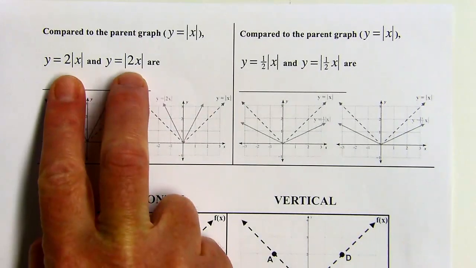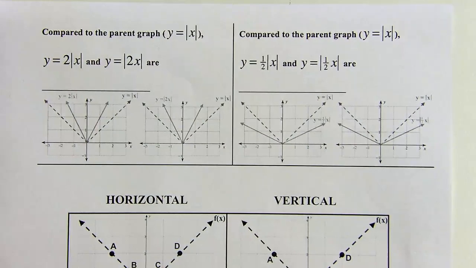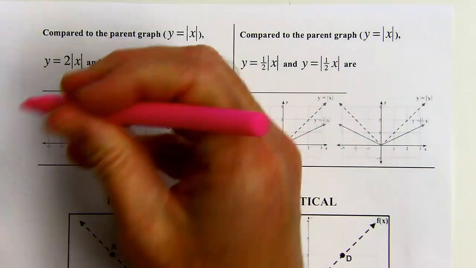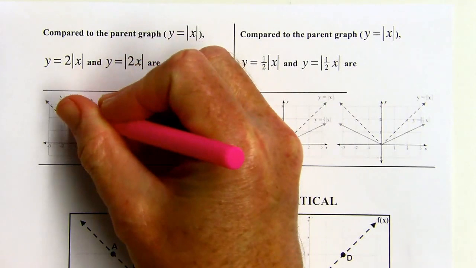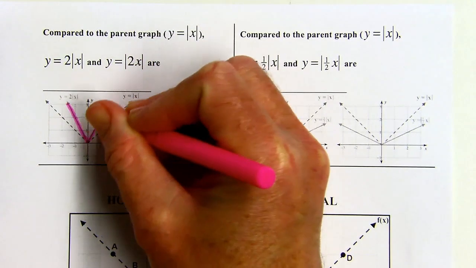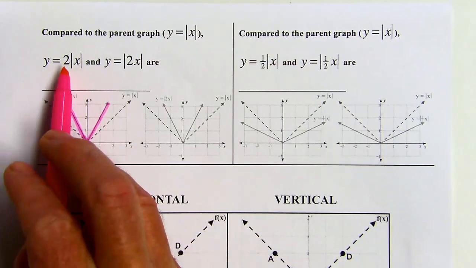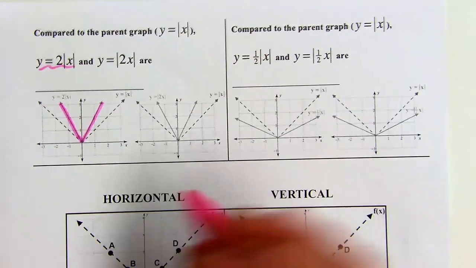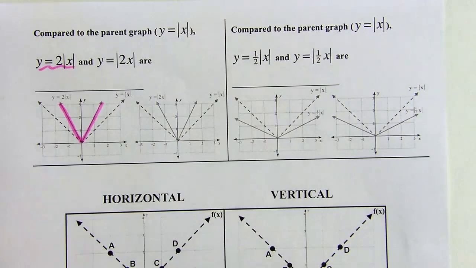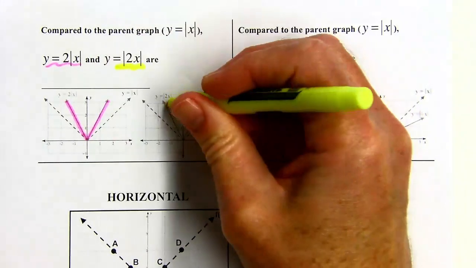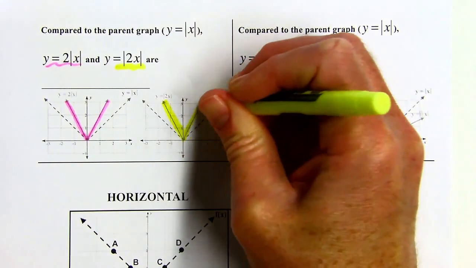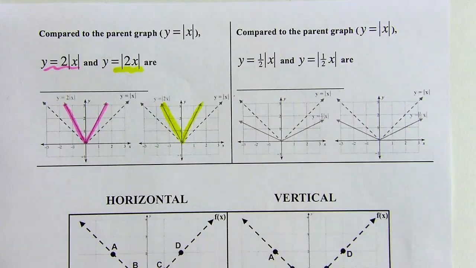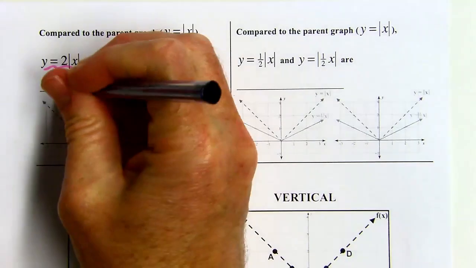When that number is more than 1, it's going to look narrower than the original. So this one that I'm highlighting now is this one, and this one would look like that compared to the parent graph. You notice both of them are going to look narrow compared to the parent graph.